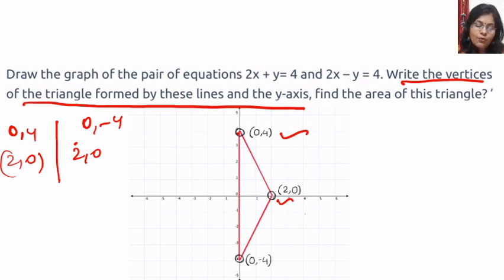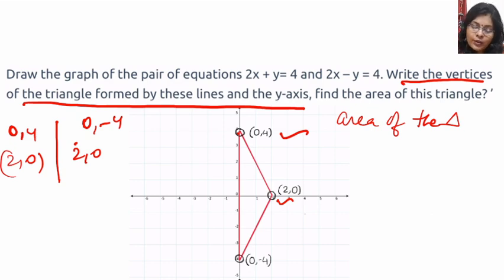So this much we have done. Now we have got the vertices over here. After getting the vertices, now we have to find out the area of the triangle along the y-axis.